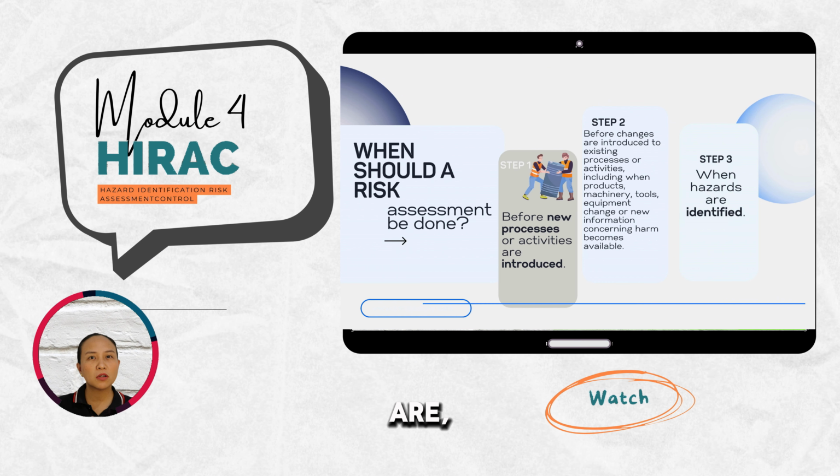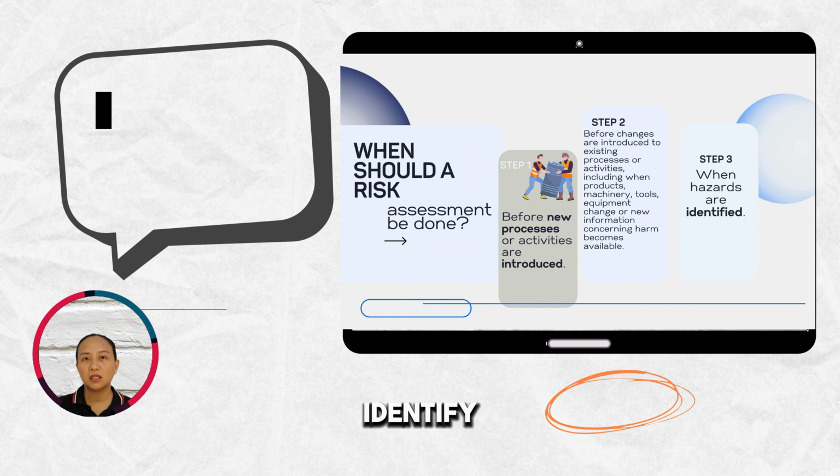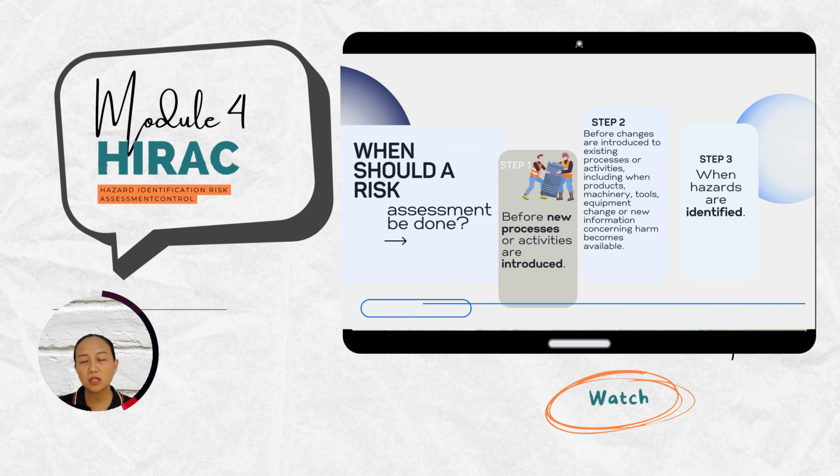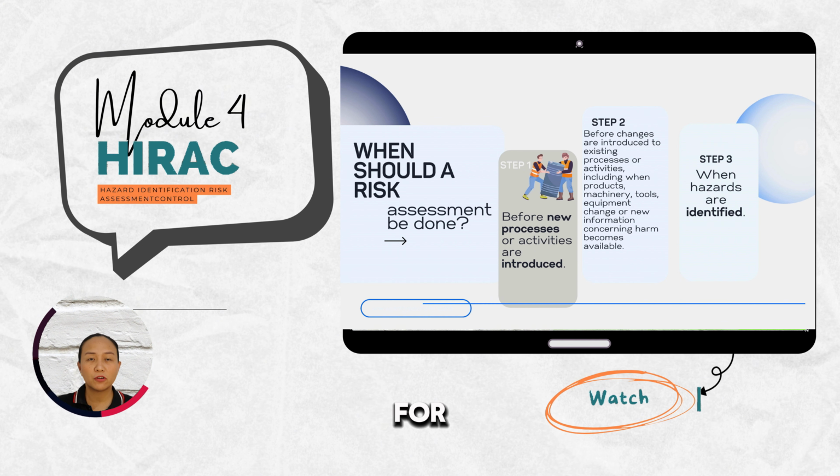So, kung ano man itong hazards, diba, natutunan po natin. The occupational safety, the occupational health hazards, if they are identified, out of the blue, na nakasalamuhan ng ating mga workers, especially, for example, ngayon, pwedeng tag-ulan.